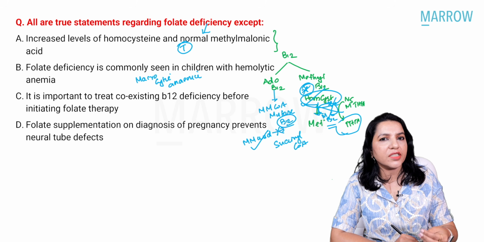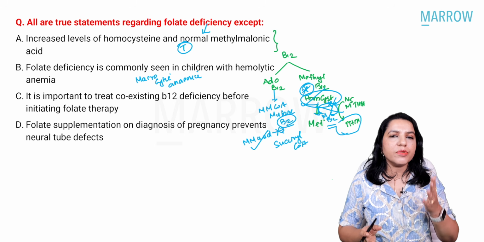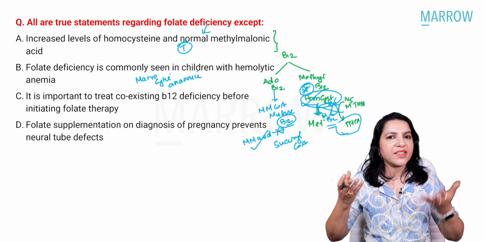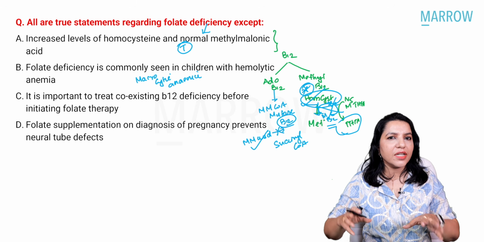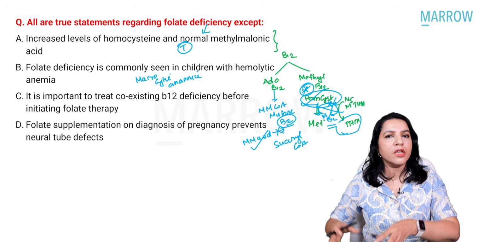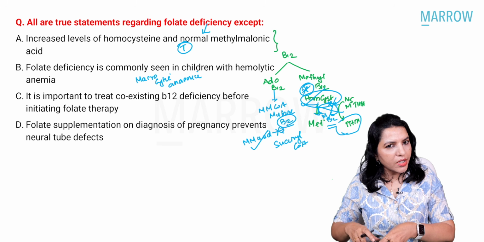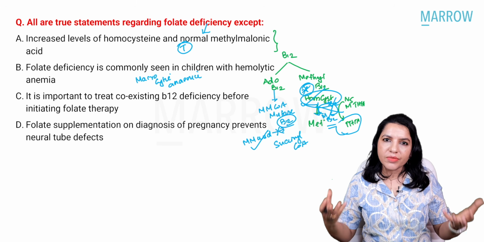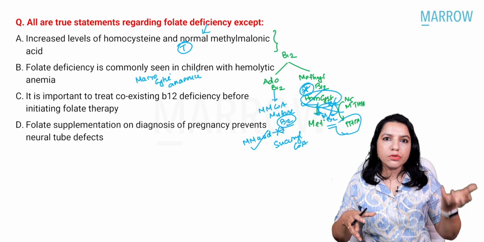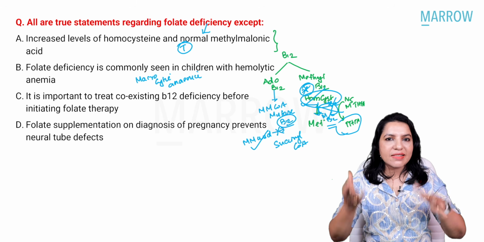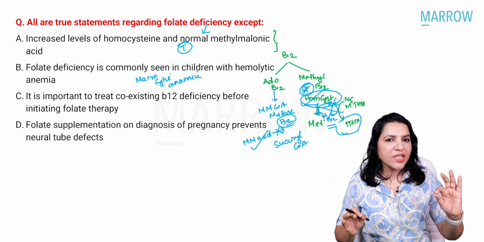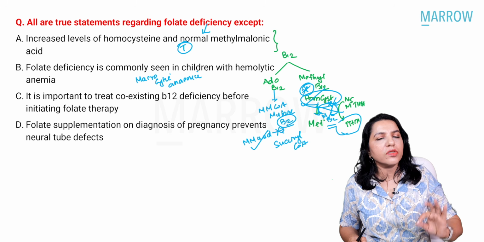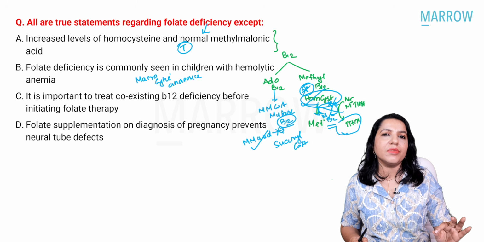Then what is affected? There is a disparity between the growth of the nucleus and the cytoplasm. In folic acid deficiency, there is defective DNA synthesis, so nucleus maturation will be less, whereas the cytoplasm is normal. This is called nucleocytoplasmic asynchrony, and it will cause macrocytic anemia.